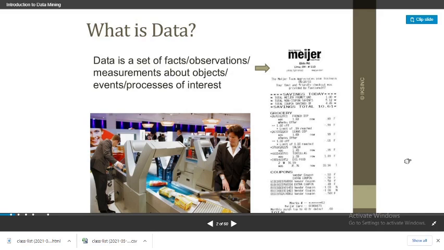There are so many subjects related to data. Then what exactly is the meaning of data? The meaning of data is a set of facts, or observations, or measurements about objects.